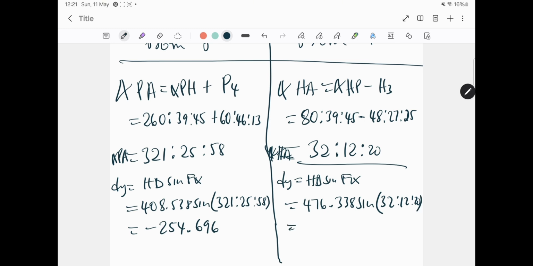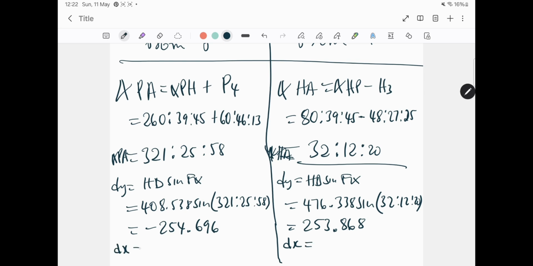So it's 476.338 sine 32, 12, 20. You're getting 253.868. The dx, same thing, but now it's cos.